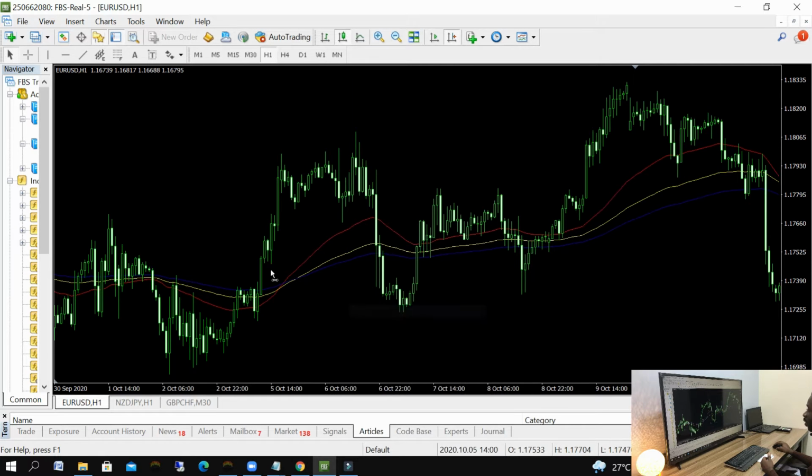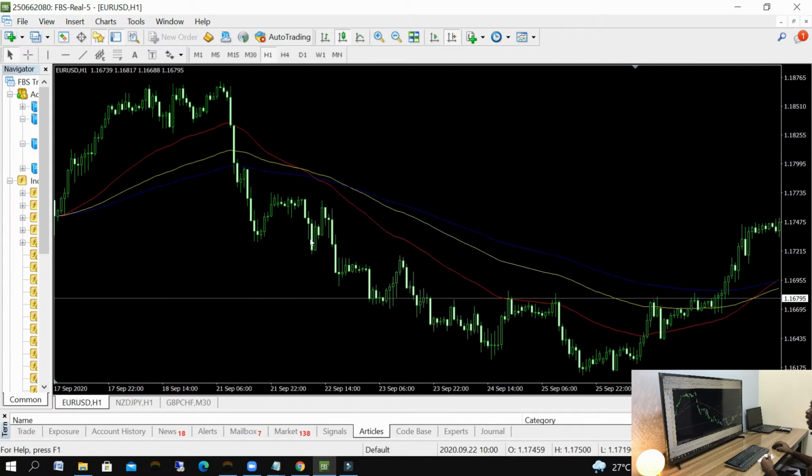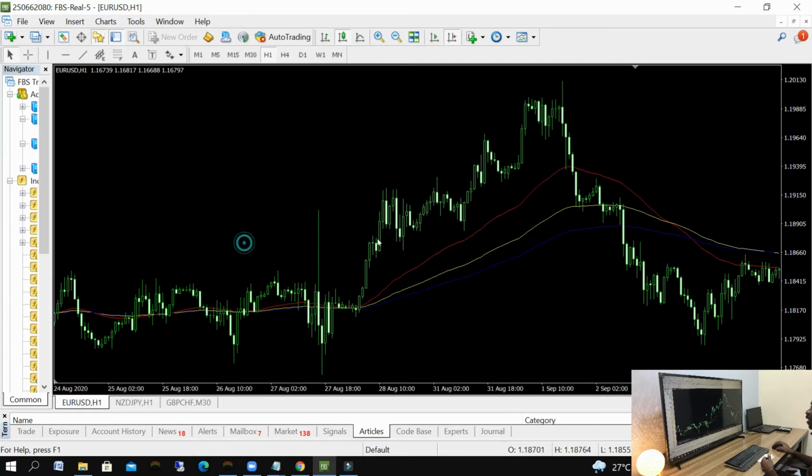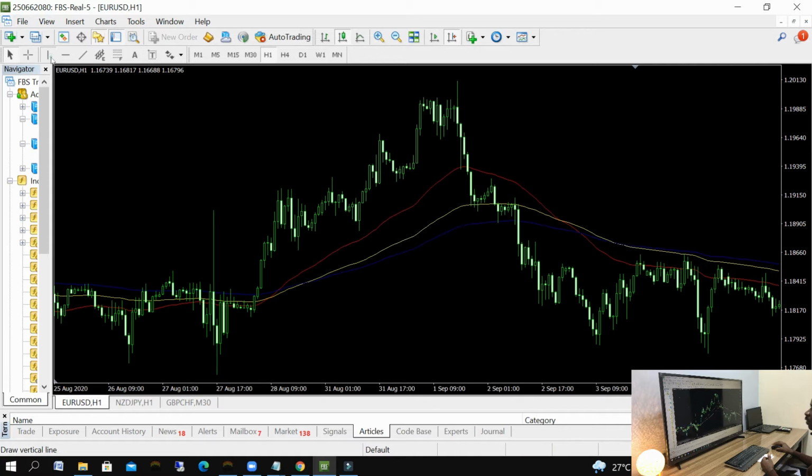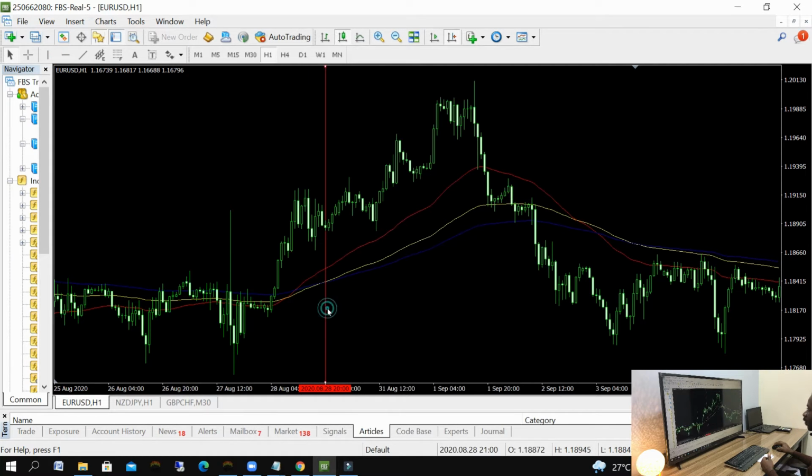Let me try to look for a good buy signal. Okay, now this is an example. The first condition is being met here. 50 is greater than 100, and 100 is now greater than 150, but they are tight. 50 and 100 is wide, but 100 and 150 is kind of tight.